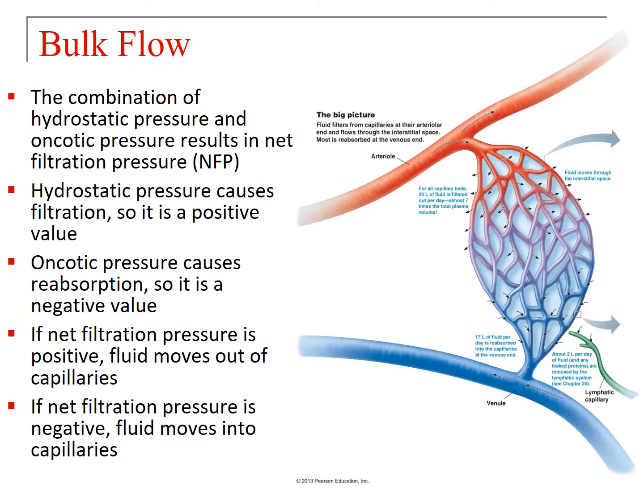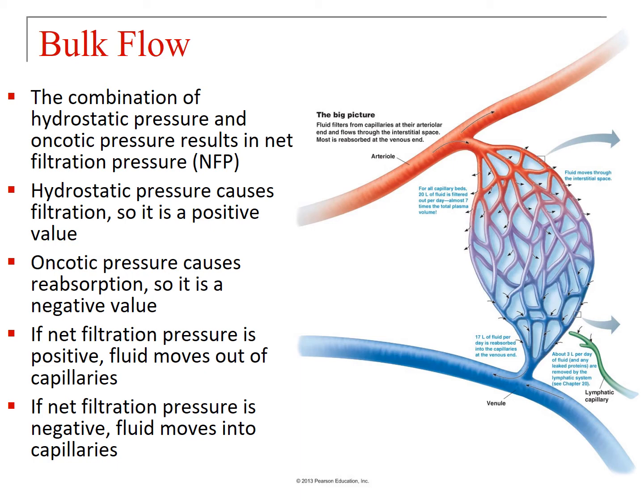Now, the combination of hydrostatic pressure and oncotic pressure results in a measure called net filtration pressure. So net filtration pressure, as you can see from the word net, it means that something is going to add to this value and something is going to subtract from this value. Now, hydrostatic pressure causes filtration and gets defined as a positive value.